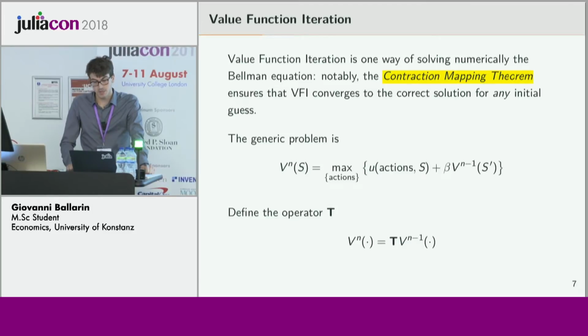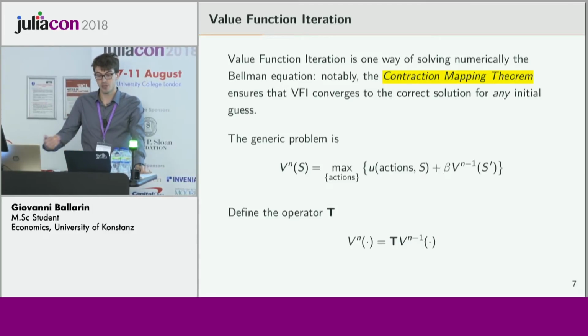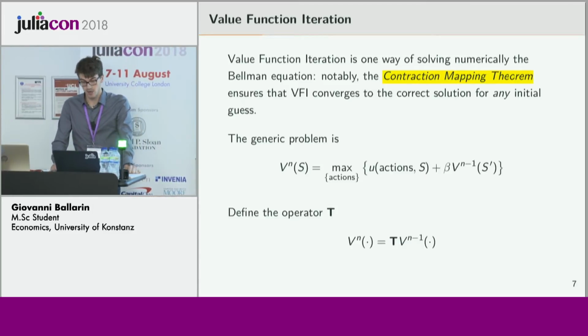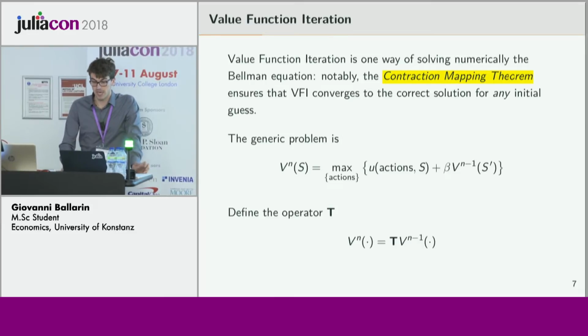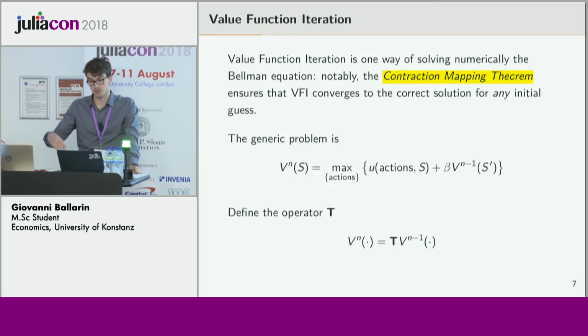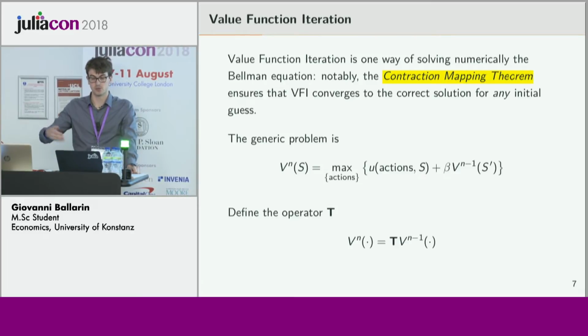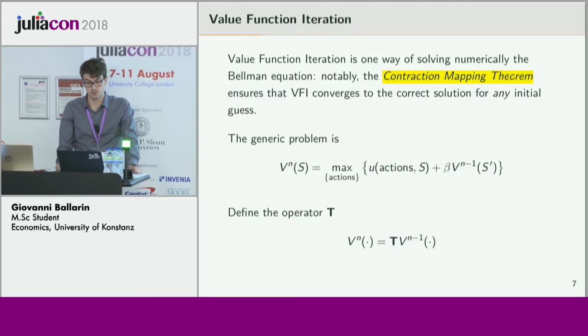It's a maximization problem: at every iteration we maximize a utility function of the current actions and the states, then we weight the previous value function, and we optimize over the space of the actions. This way we find the next iteration, and we keep doing this until we converge.